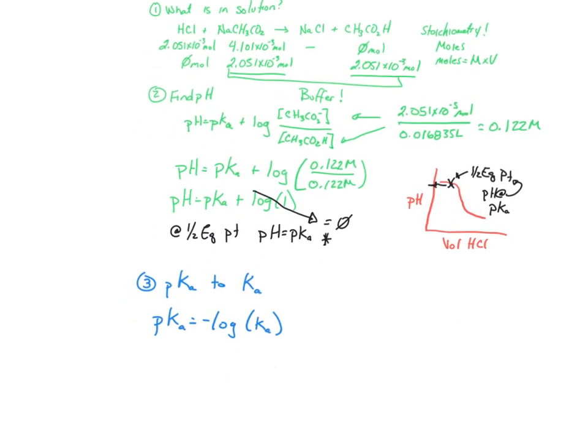And so that means to undo this, we use our log rules, and the Ka is going to be equal to 10 raised to the power of the negative pKa. And so you use your graph to find the pKa, and then you use algebra to find the Ka.